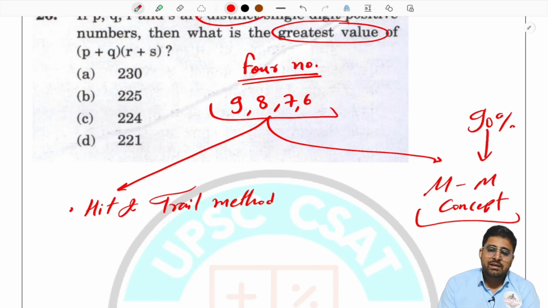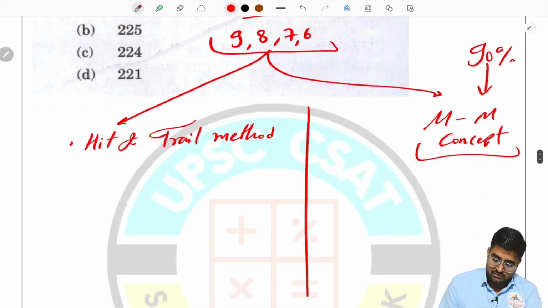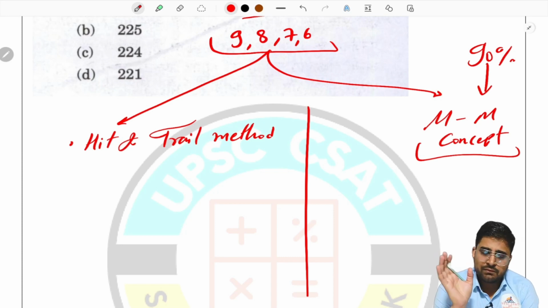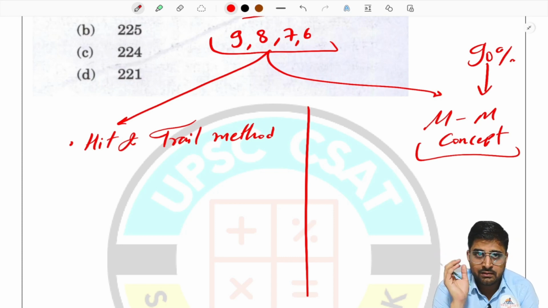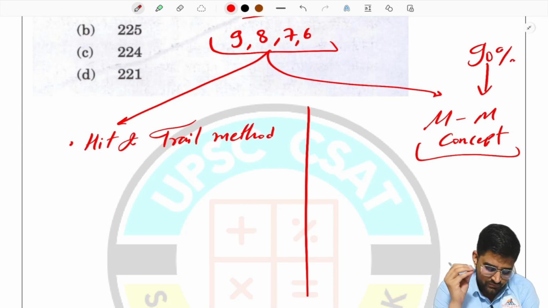If you remember, then good, but it is not always necessary. There are many concepts in CSAT, and if you have not revised them, they will confuse you in your examination, and in the end you will end up investing 2 or 3 minutes. So I will tell you both methods, but try to learn. If you succeed, good, but don't worry about anything else, just focus.